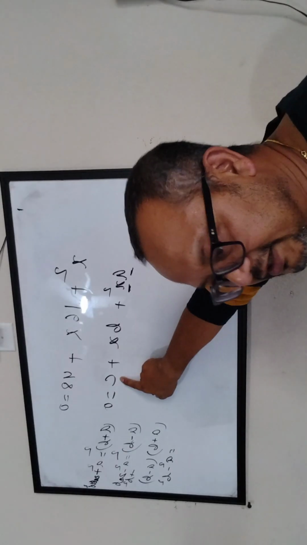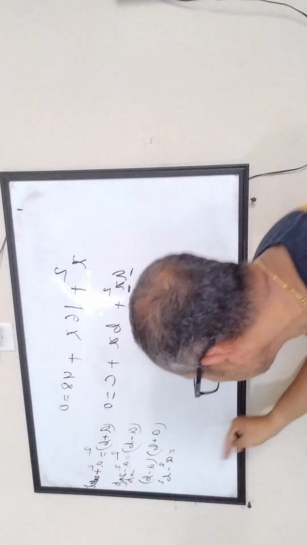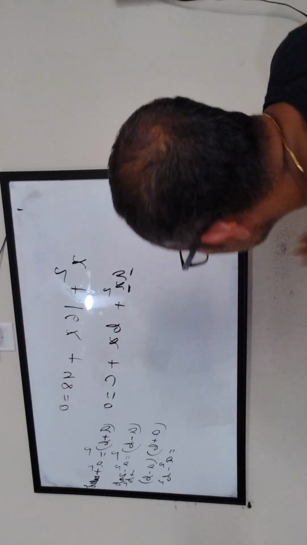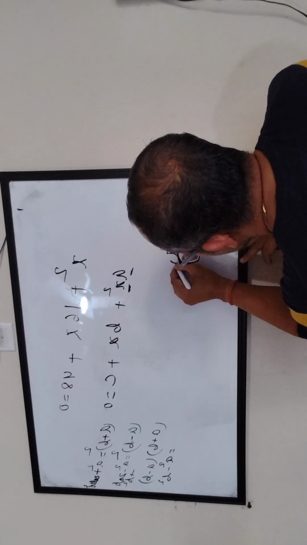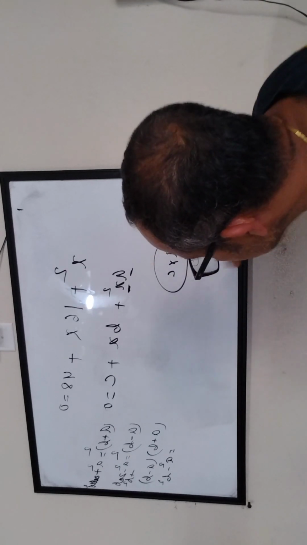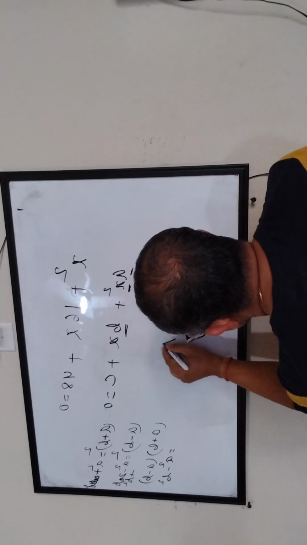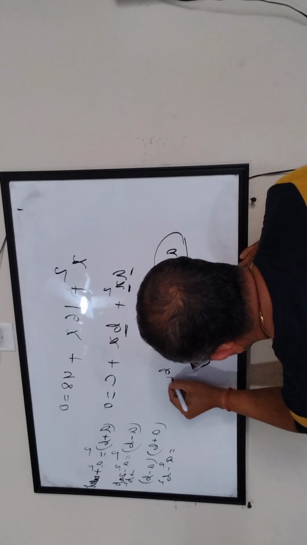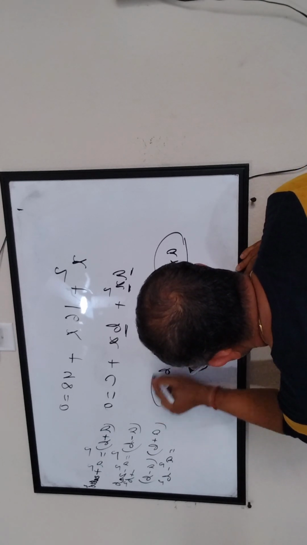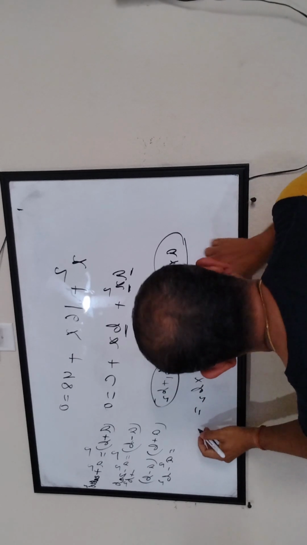Now, the second approach says, if you're not able to map it with these generic formulas, find the value of a into c, and then break b into two parts, b1 plus b2, where b1 times b2 equals a into c.